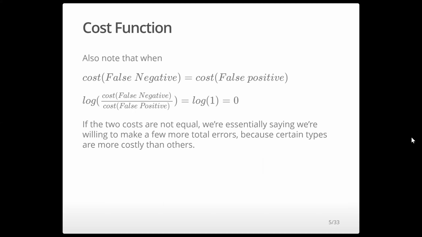One way you can also think about this is that when we don't include a cost function, we actually really are including a cost function. We're just saying that the two types of errors have equivalent costs. When the cost of a false negative is the same as the cost of a false positive, the log of their ratio is equal to the log of 1, which is 0. If the two costs are not equal, we're saying we're willing to make a few more total errors because certain types of errors are more costly than others.